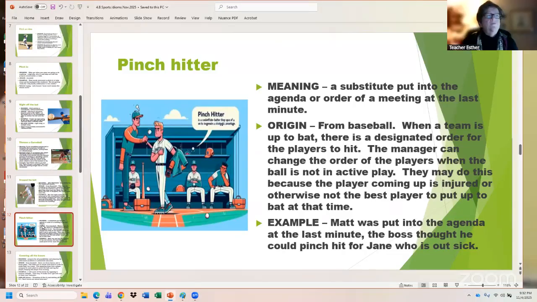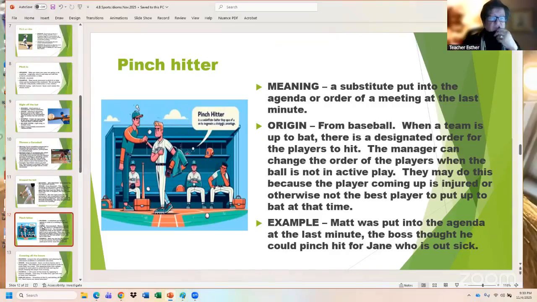Okay. So a pinch hitter is like a substitute teacher. Let's say your professor was sick and they needed to have a substitute. They would call for another professor, another teacher, or the teaching assistant to come and pinch hit for that professor that's out sick.